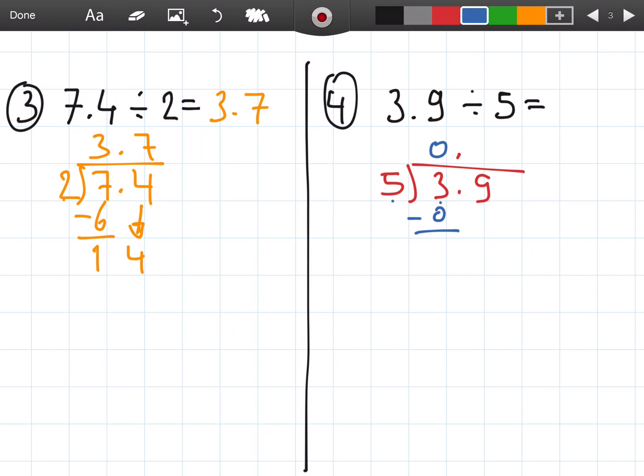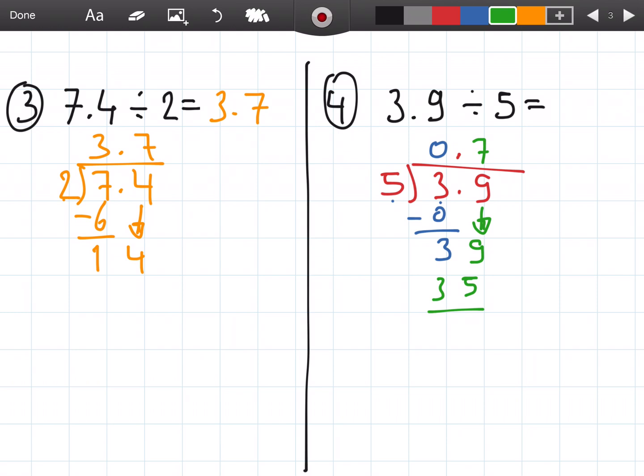Okay, so 3 minus 0 is 3. Now we want to bring down the 9, which gives us 39. And we say, how many times does 5 go into 39? Well, we know that 5 times 7 is 35, so that's closest.